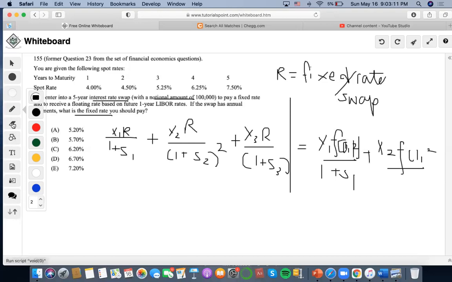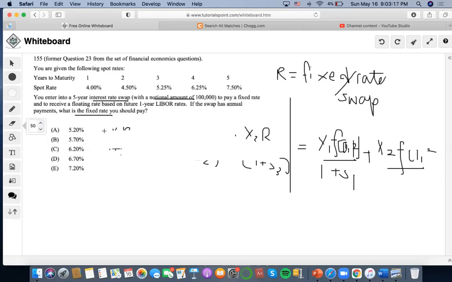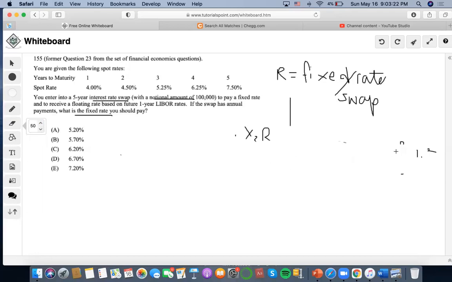But for a level notional amount interest rate swap, we would actually have to do something different, and it's solely based on finding the R, or fixed rate, or swap rate.